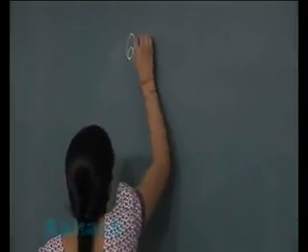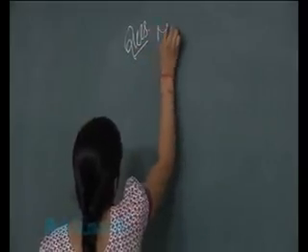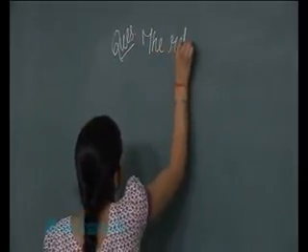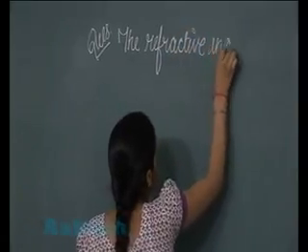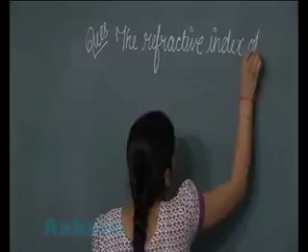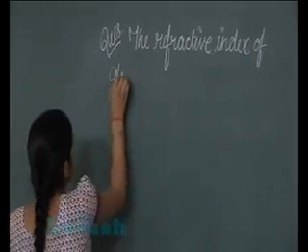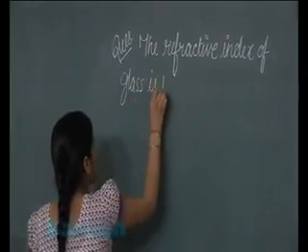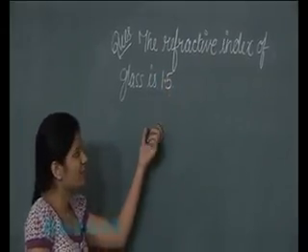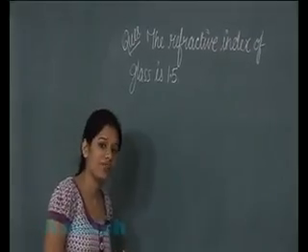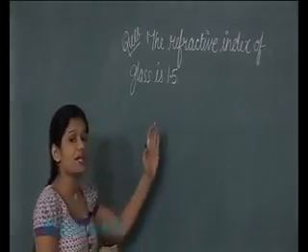Now student, to understand the concept of refractive index more clearly, let us solve a numerical. Write down the question. The refractive index of glass is 1.5. Now student, as you can see, refractive index is the ratio of speed of light in two media. Therefore, it is unitless.